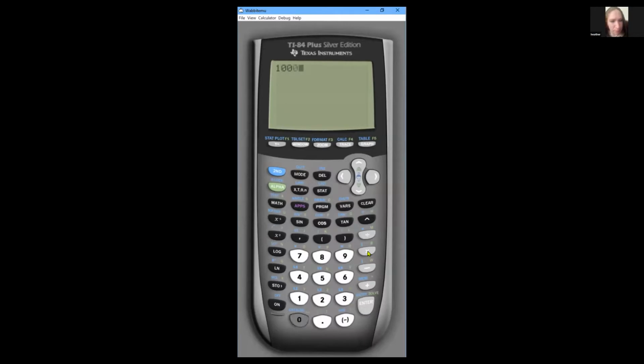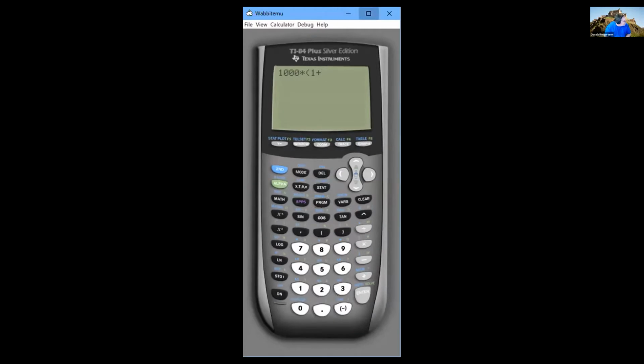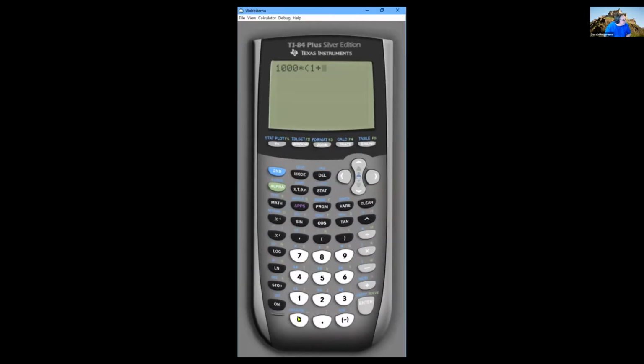1,000 times, put a bracket in, 1 plus the interest rate, 0.017, divided by the number of payments per year. In this case, it's monthly, so it's 12. Close the brackets.